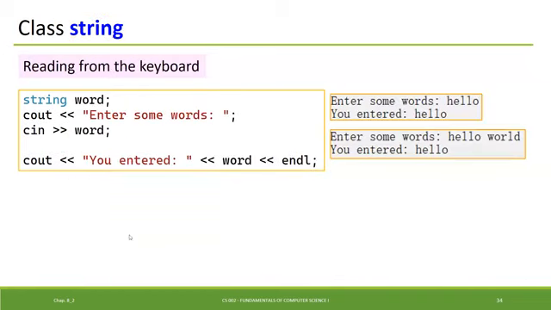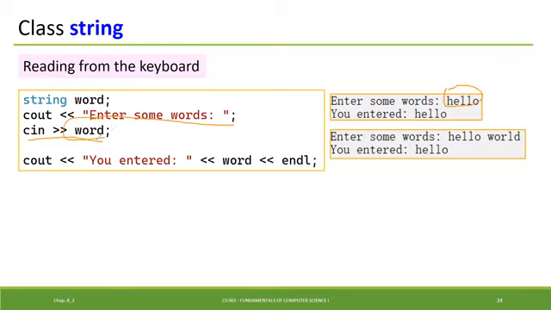Okay, and look at this one. I talk about this one. cin will take only one word, the first word. So enter some words and cin into word. Here I enter hello, then hello will be taken.